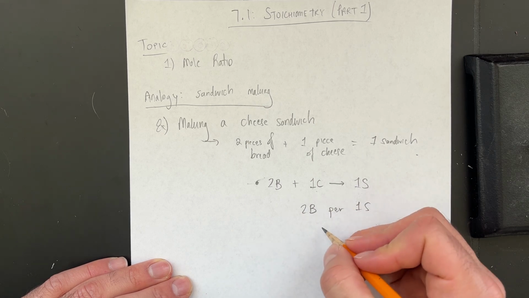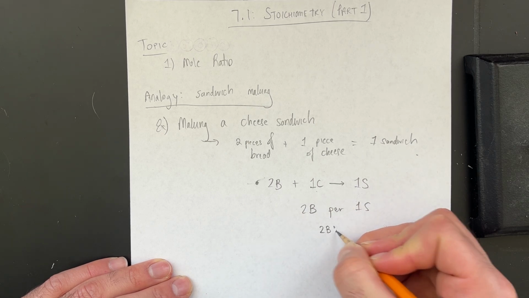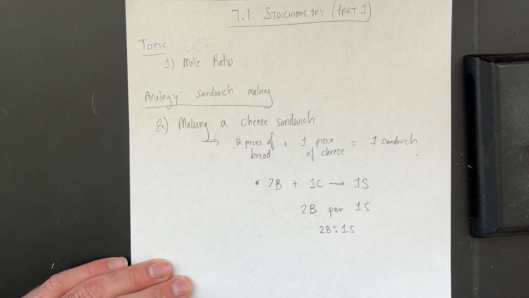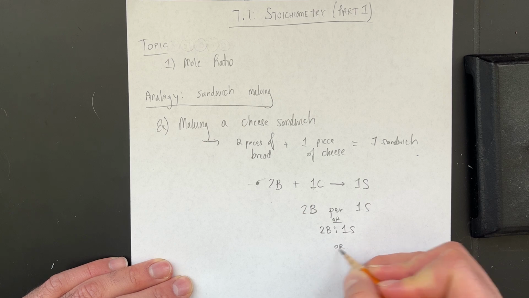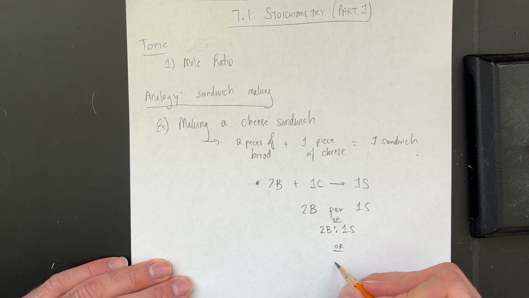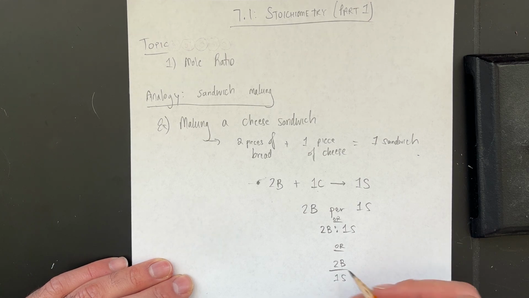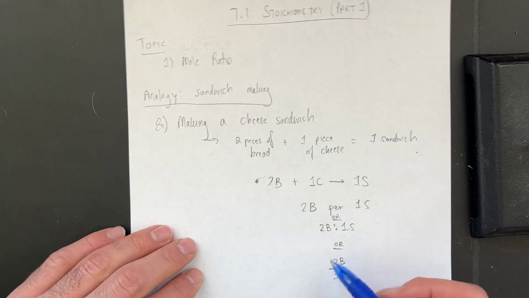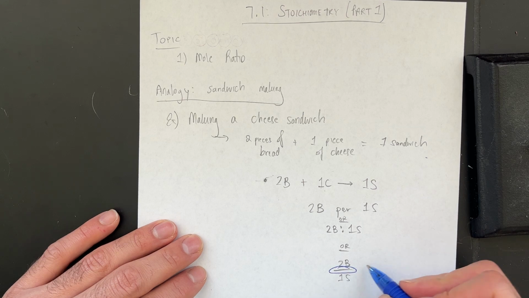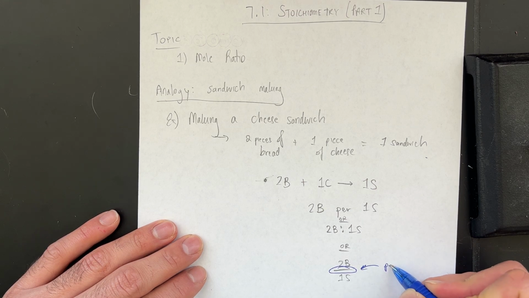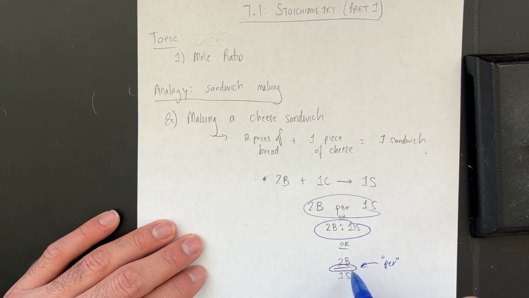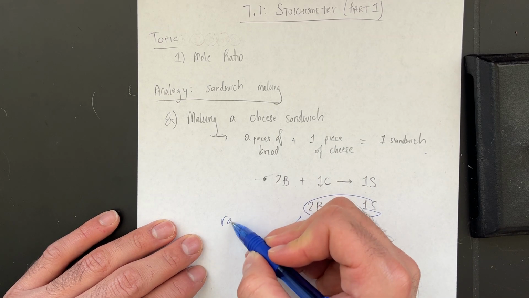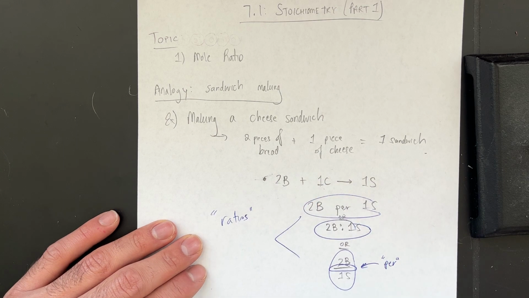You could write it with a colon in between, or you could write it as a fraction. So you could write 2 B's per every 1 S, and this little fraction line means per. These are all different ways of writing ratios.